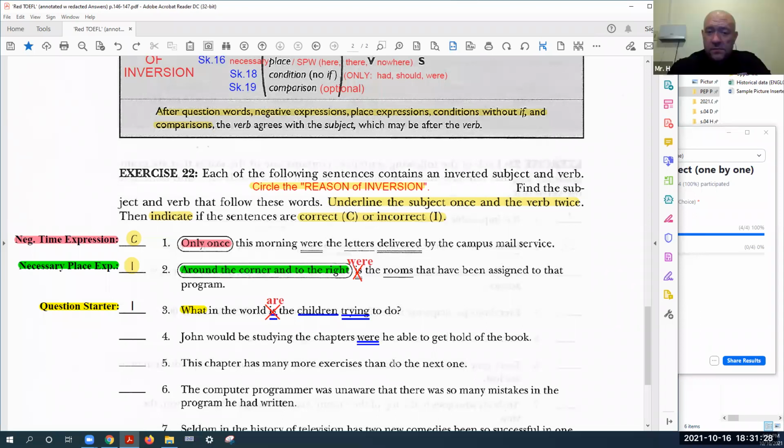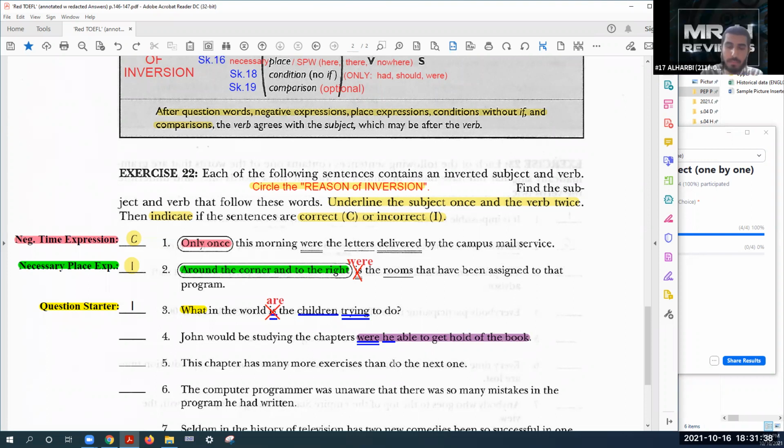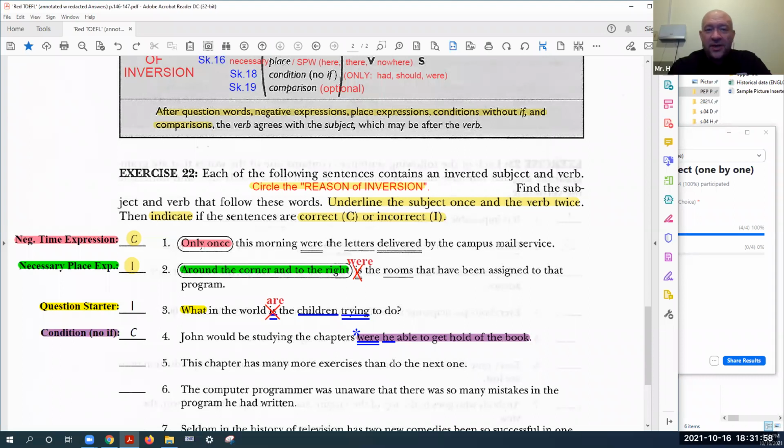Where's the subject? Good. And there you have the conditional sentence, right? So if this is conditional, where is the connector? We omitted it. Where should it be? Before where. That's right, and this sentence is correct, gentlemen. Very good. You said it's condition, no if. Excellent. All right, guys, let's try another one. Here we go.